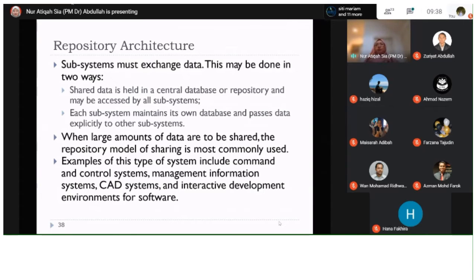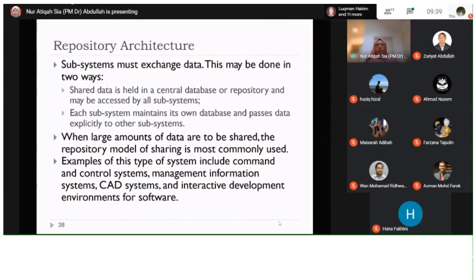Contohnya yang kita guna pakai repository ni adalah students. Okay, students punya Oracle tu, Oracle gunakan repository. Okay, Oracle kita gunakan SIM Student Information Management System ni kita gunakan back end dia adalah gunakan Oracle. Oracle memang repository architecture. Okay, emphasize on the repository architecture.